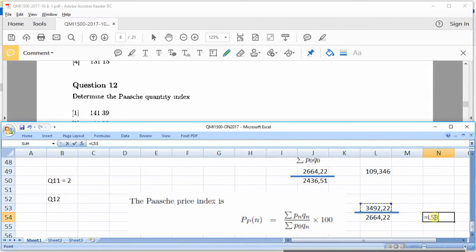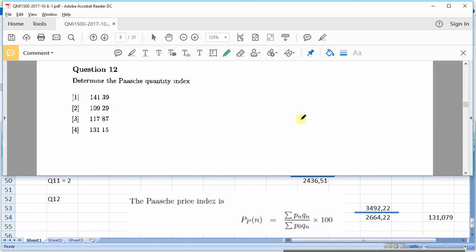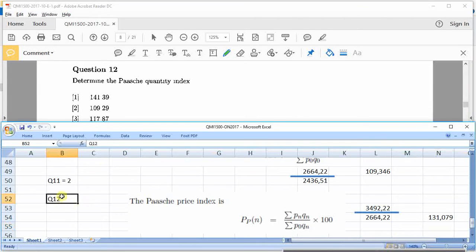This divided by that times 100. Okay, 131 points. Again, it's probably because of rounding somewhere in the question. I haven't rounded anything. So if you do it again, maybe with rounding, you'll probably get that answer exact. Okay, option 4.